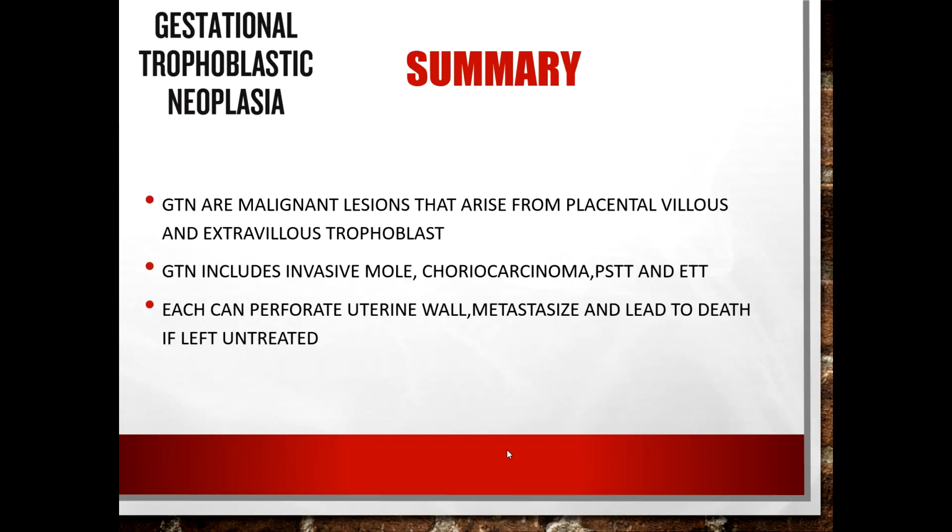These are malignant lesions that arise from your placental villous and extravillous trophoblasts. This would include invasive mole, choriocarcinoma, PSTT, and ETT. Each can perforate the uterine wall, metastasize, and lead to death if left untreated.